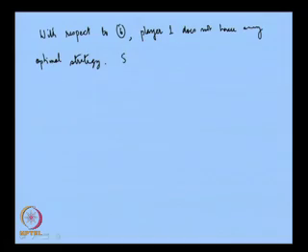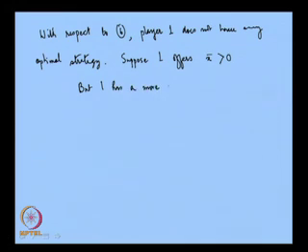For example, suppose player 1 offers x bar which is positive. I know that this is going to be accepted by player 2, but player 1 has a more optimal strategy of offering x bar divided by 2, for example.